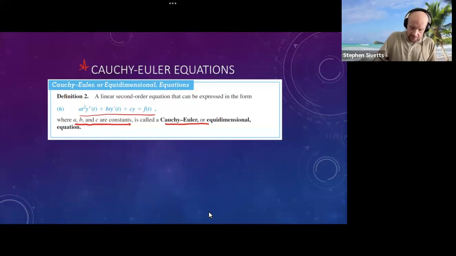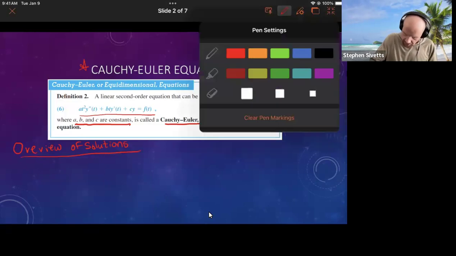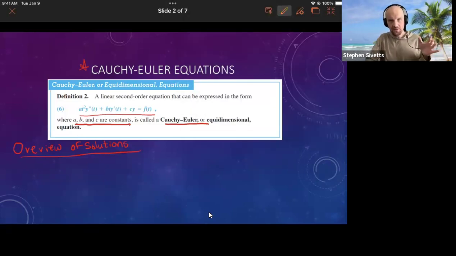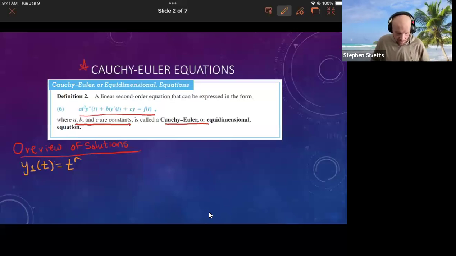I'm going to go over an overview of the solutions of the Cauchy-Euler equation. Like finding solutions for any differential equation, we take a guess. Suppose that our solution y of t looks like this: t to the r power.